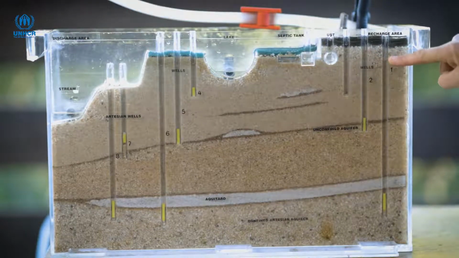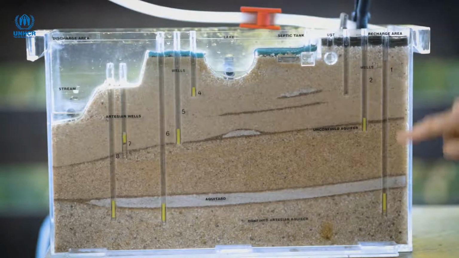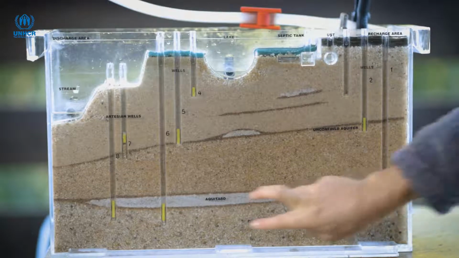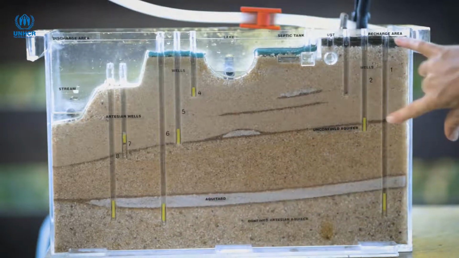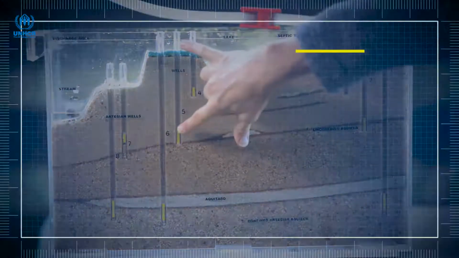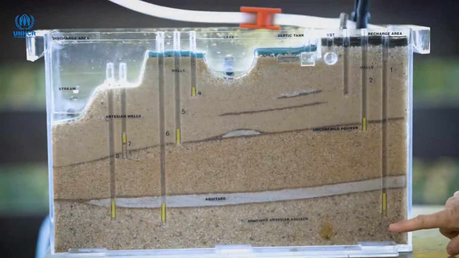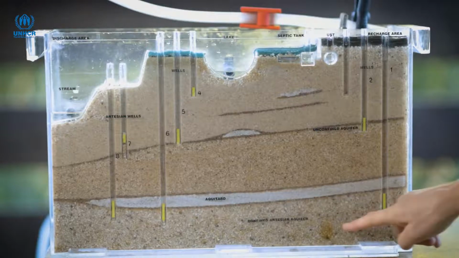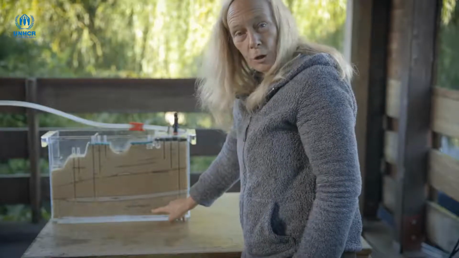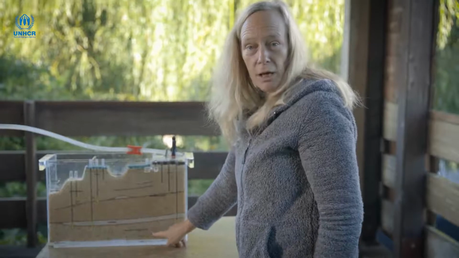Why is the height difference smaller for these two wells rather than for these two wells? The reason is that the energy losses in this lower layer are smaller because the material is coarser. So there is less energy lost while it is flowing in this direction.